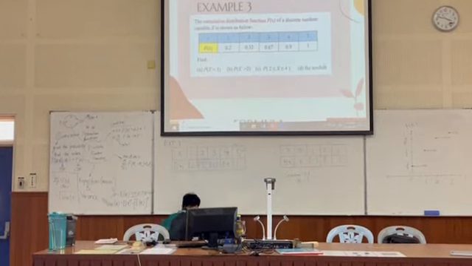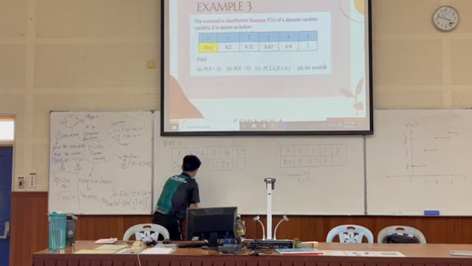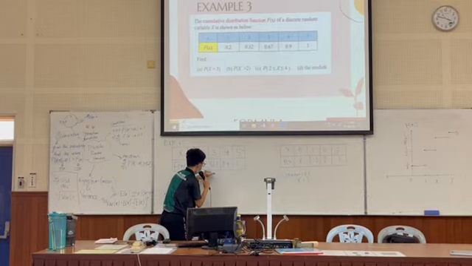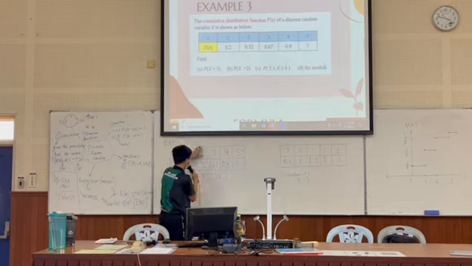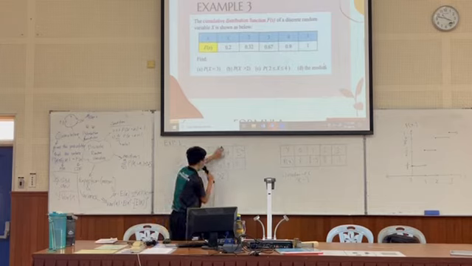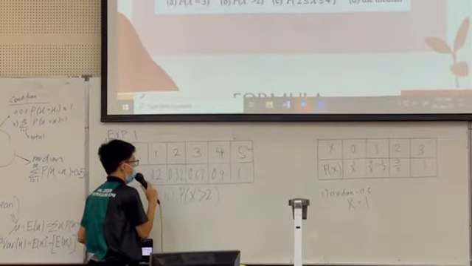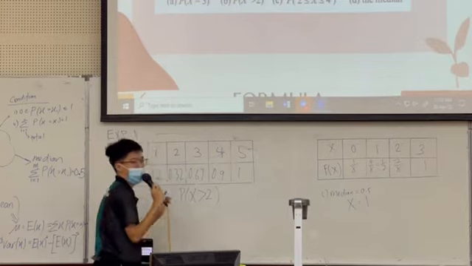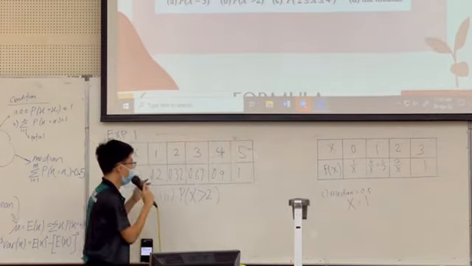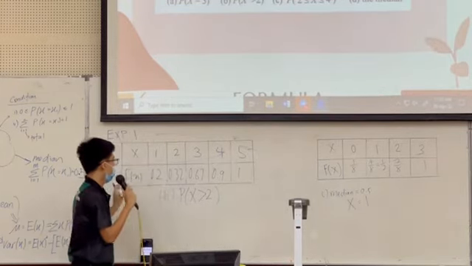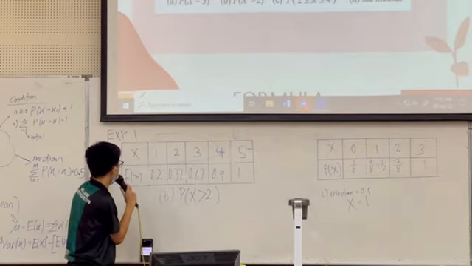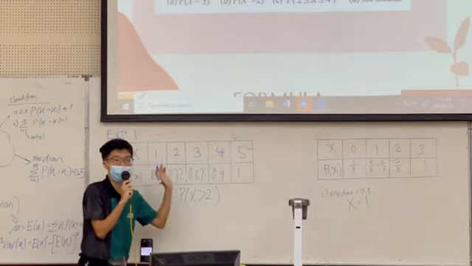Okay, the second question wants to find P(X > 2). What does more than 2 mean? It means we want to find 3, 4, 5. So we have one method that can save your time. As we know, the total of this probability is equal to 1.